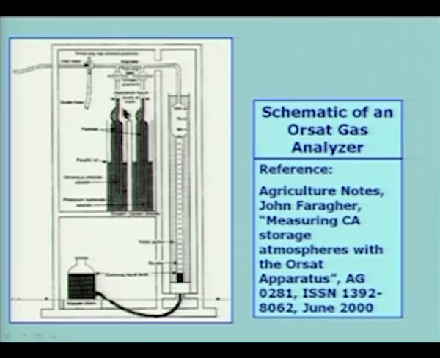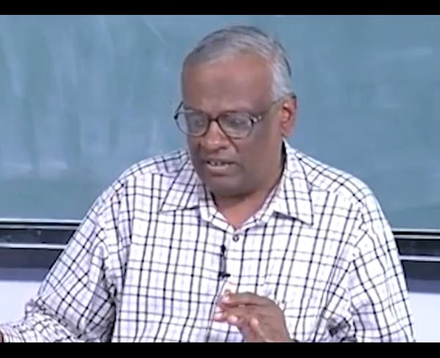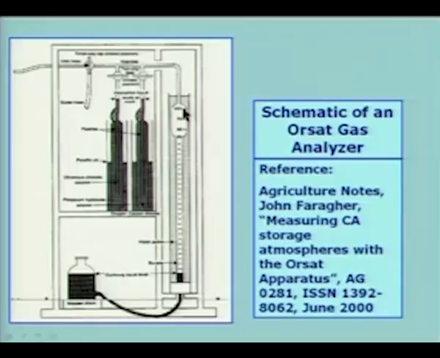Now, if you open this to the source of the gas which we want to sample, what we can do is we can raise the level of this, so that this level goes up to the 100 milliliter mark. The 100 milliliter is the amount of sample which you are going to collect.